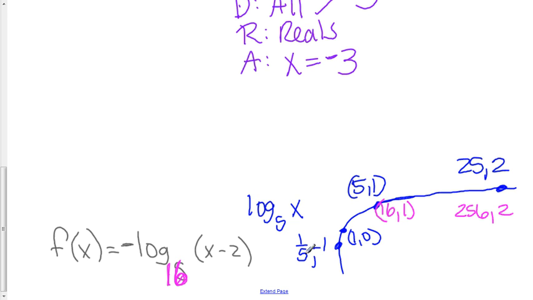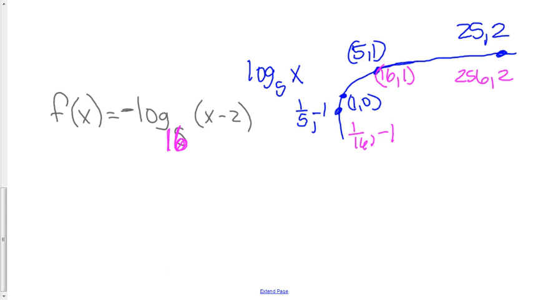And this coordinate, instead of being 1/5, comma negative 1, it would be 1/16, comma negative 1. And like I said, that's just if it's just log whatever base and then x. Your numbers change by what the base is. Okay, so with this one, because it has a negative sign and also a minus 2, remember this minus 2 is going to shift it to the right 2. The negative out here is going to flip it over the y-axis.